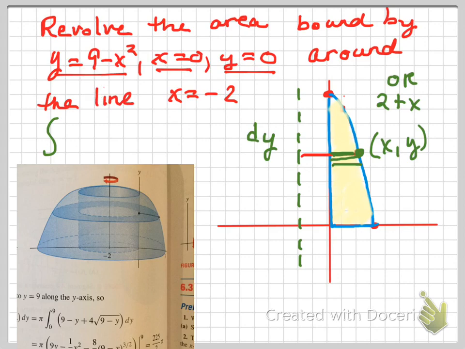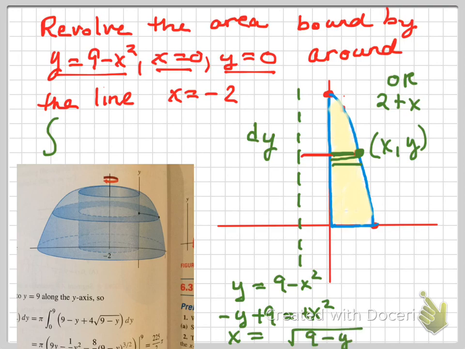If I solve that, y is equal to 9 minus x squared. That's going to be y minus 9 equals negative x squared. Change my signs, and then square root both sides. I end up with x equaling the square root of 9 minus y. That's what I'm going to replace this x with so that I can use it in my formula.